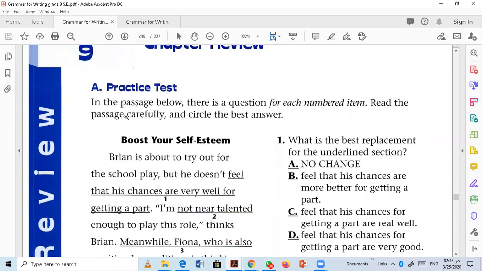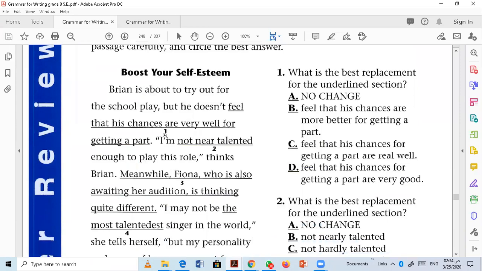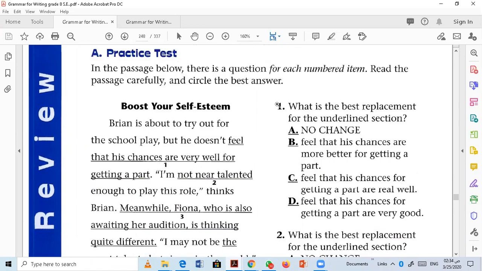In the passage below, there is a question for each numbered item. As you can see here, there are numbers 1, 2, 3, 4, and so on. For every numbered item, there is a question, like here, 1, and it has a number of choices. So let me use annotations.